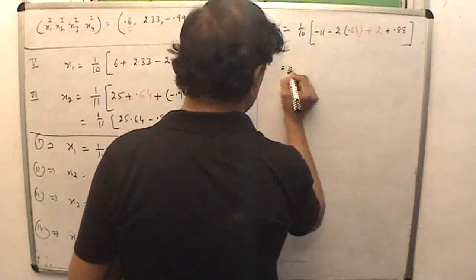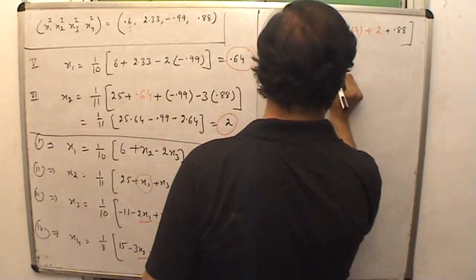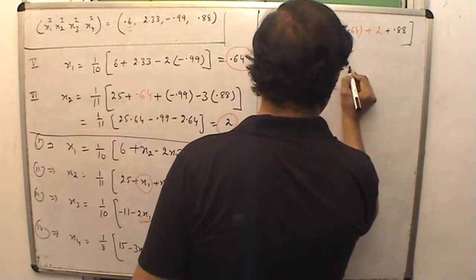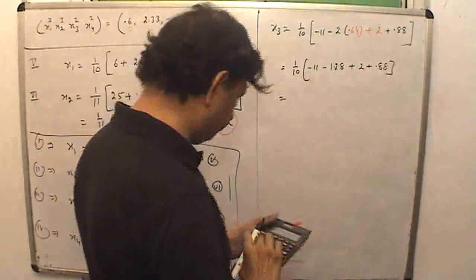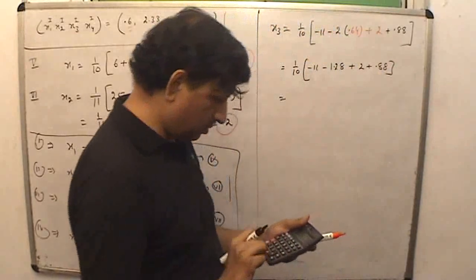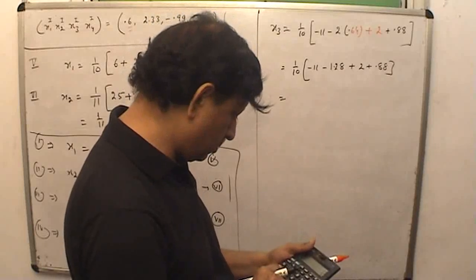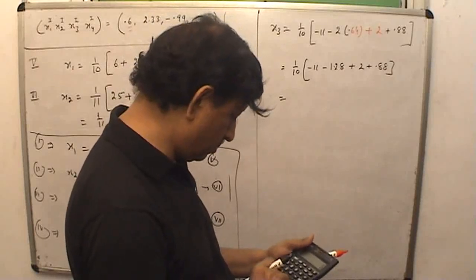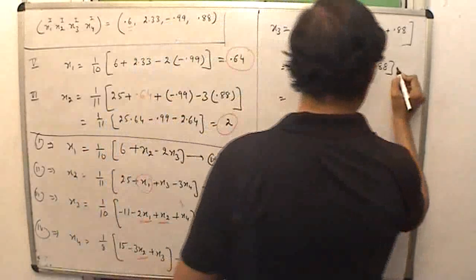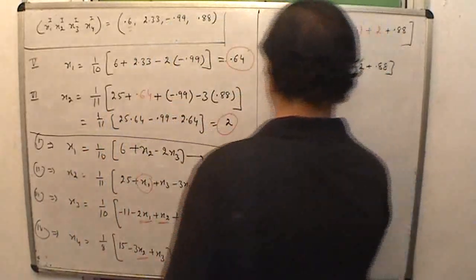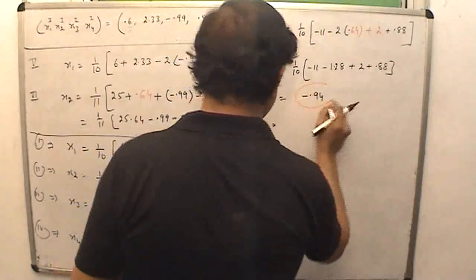So that is equal to 1 by 10 into minus 11 minus 1.28 plus 2 plus 0.88, that is equal to minus 0.94.